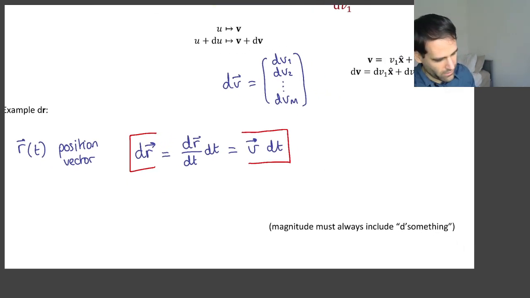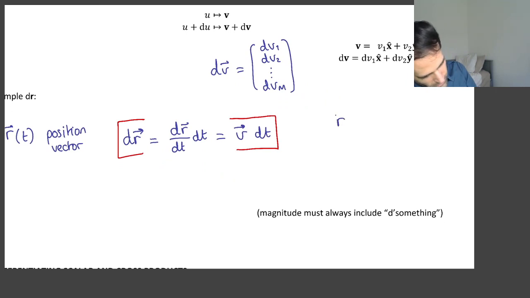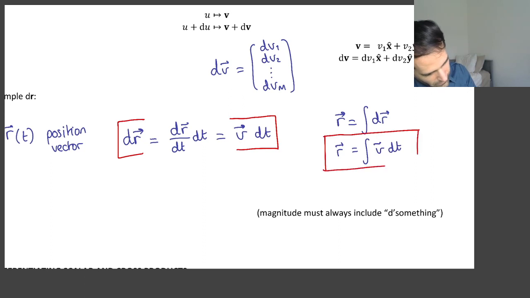For example, now you can say that r, the total r vector, is an integral of the differentials of r. And if you substitute dr here, you get the integral of v dt, which is an equation that we already knew from classical mechanics. But now it makes sense that it's simply doing the integration of a differential dr. Okay, and it's the same way that when you integrate the differential dx, the answer is just x, on the limits 0 to x.